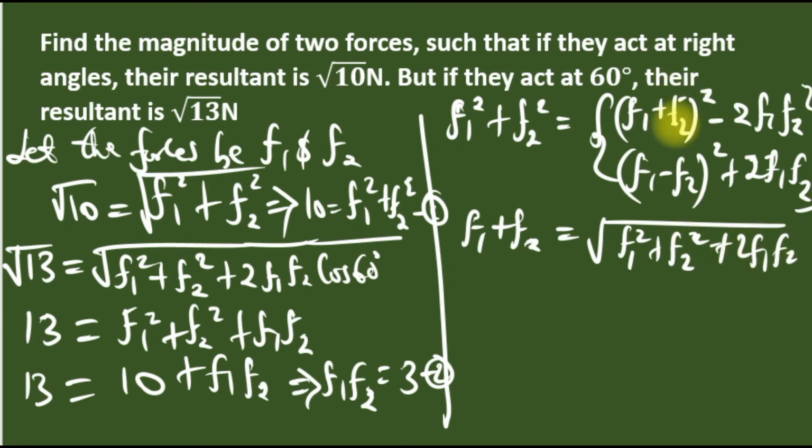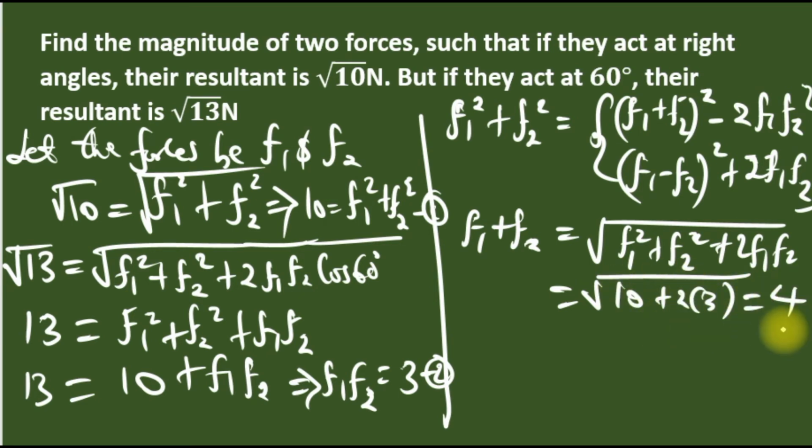So I made F1 plus F2 the subject of the formula. Let's solve this first. F1 squared plus F2 squared is already 10, plus 2, and F1 times F2 is 3. So this is the square root of 16. The square root of 16 is 4.